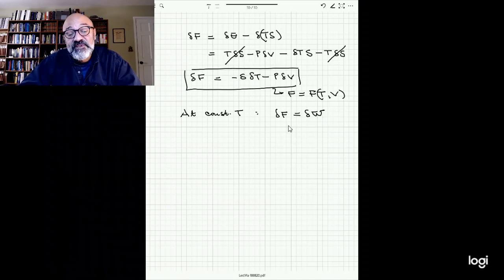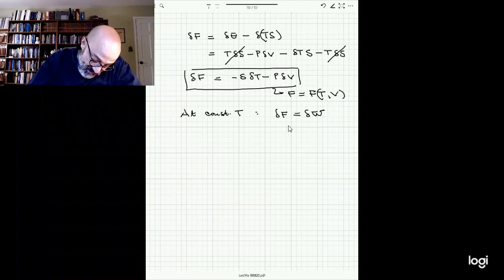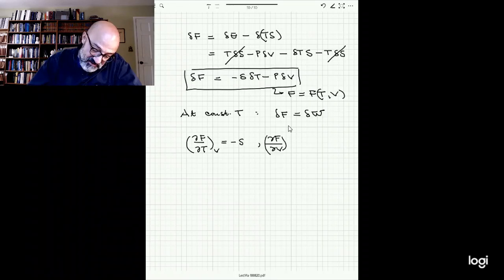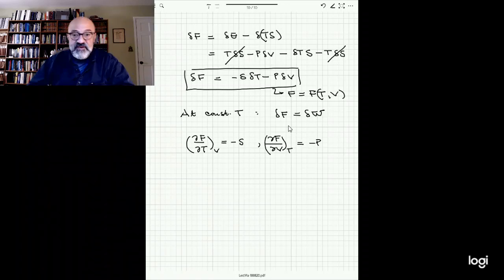It's in contact with a heat reservoir. And you can also find out that dF/dT at constant V is equal to minus the entropy, and dF/dV at constant T is minus the pressure. So you get all sorts of formulas coming from these things here.